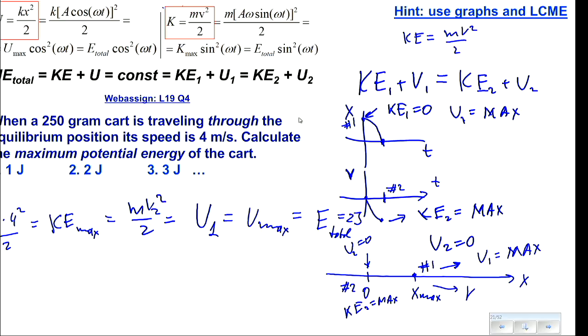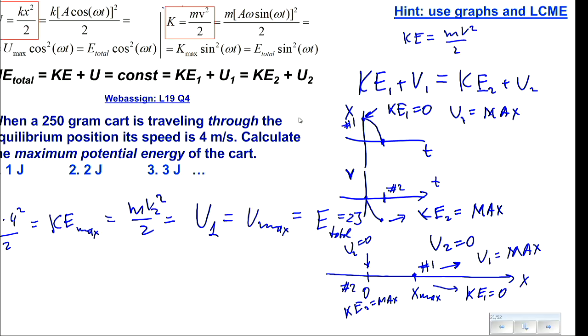So here, what I called kinetic energy initial, first, will be 0. So in my mind, I've selected 2 points or 2 instances, and I called this first, right?